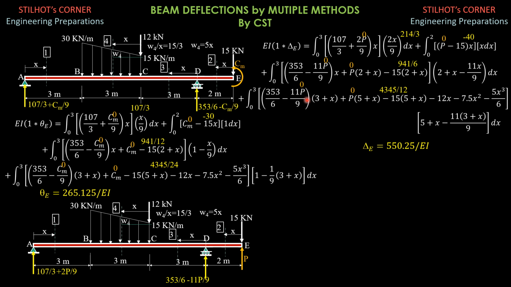The derivative of this moment equation with respect to P is 5 plus x minus 11 times 3 plus x over 9 dx. Setting P 0 prior to integration and evaluating the integral, the value is 4345 over 12. So combining with 941 over 6, negative 40, and 214 over 3, the deflection at E is 550.25 over EI. So that's it for this video.